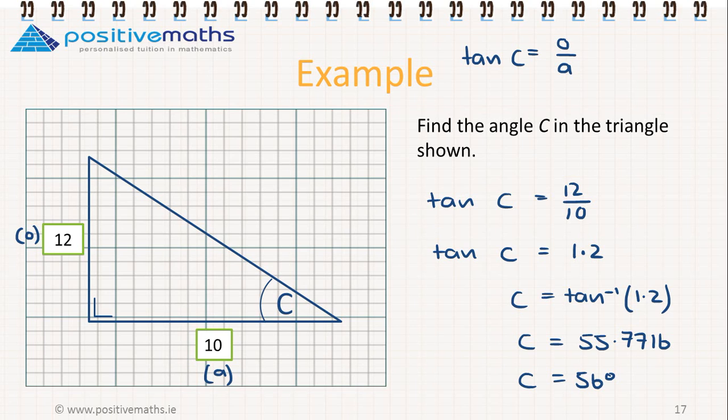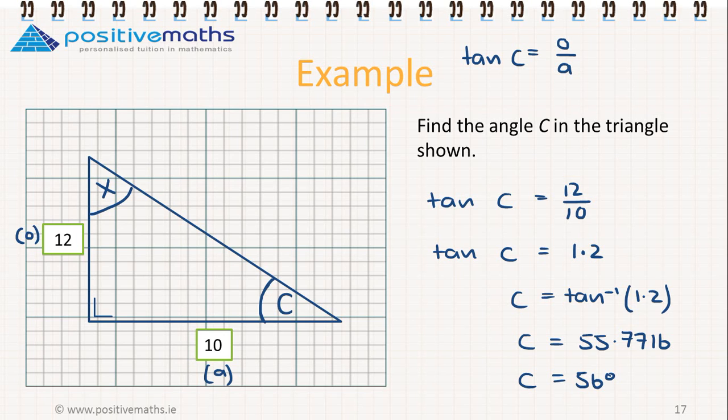I also want to note that if we have to find C, or like in the previous questions, if we found A and B in this way using trigonometry, then we can always find the other angle that's here. So we want to remember that all three angles of a triangle add up to 180.